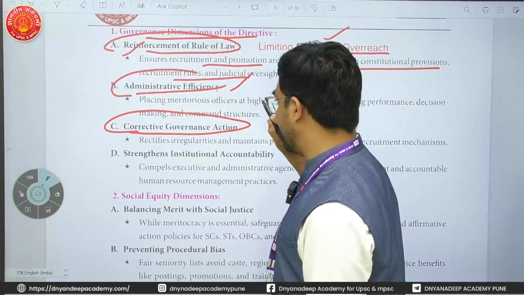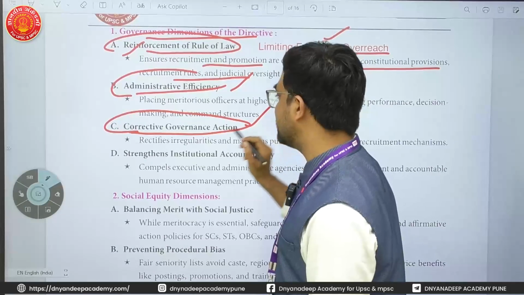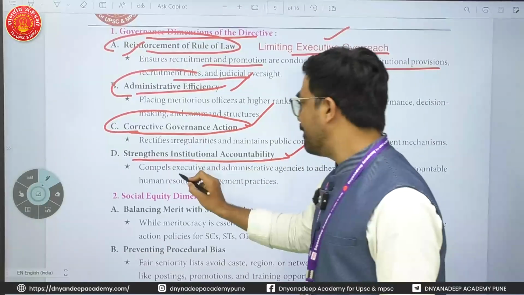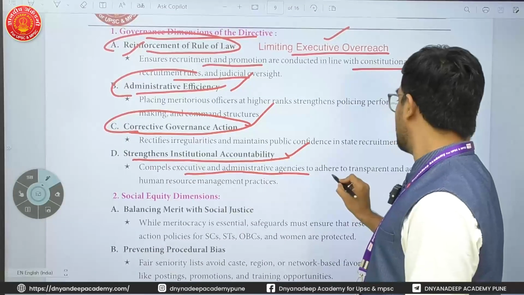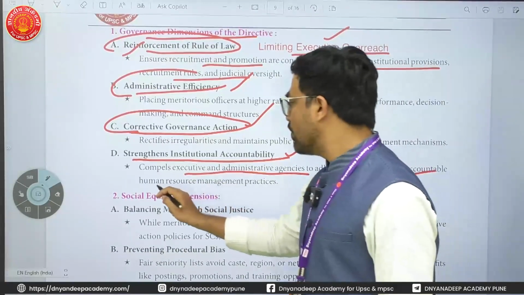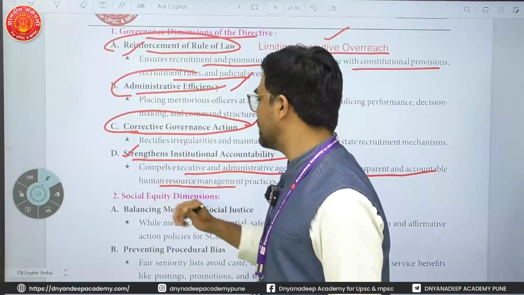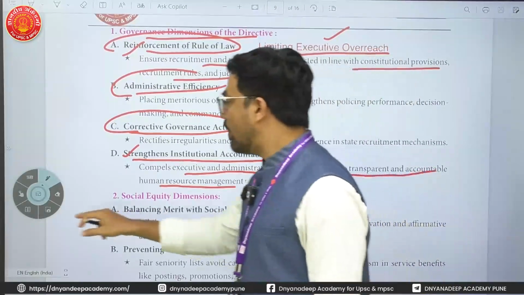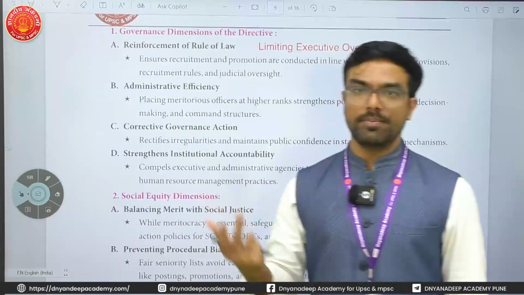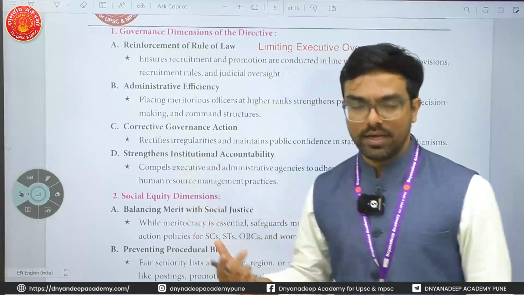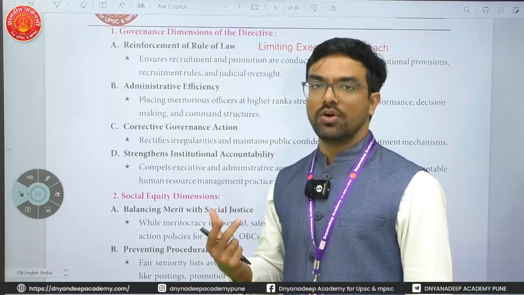So this directive ensures corrective governance actions, strengthens institutional accountability, and compels executive and administrative agencies to adhere to transparent and accountable human resource management practices. Now, this was the governance dimension, right? How this Supreme Court directive helps in ensuring good governance.